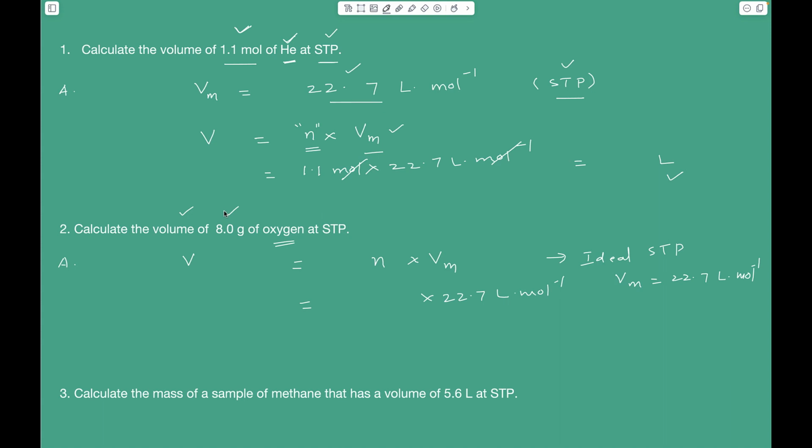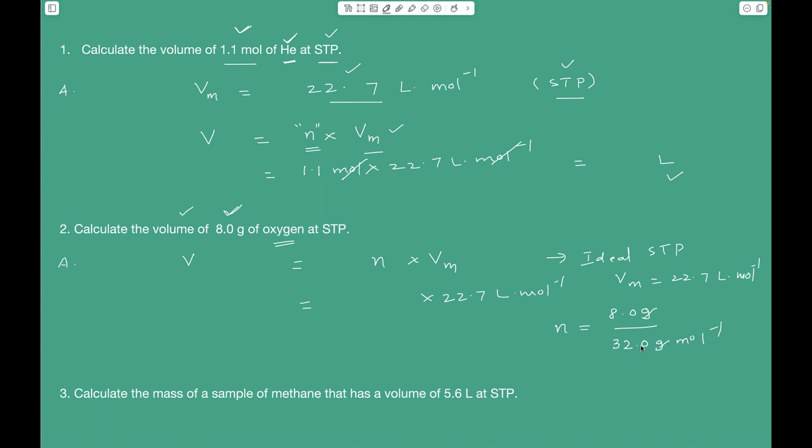But here we do not have the amount of substance. We are given the mass of oxygen. How do you calculate the amount of substance? You have to divide the given mass with its molar mass, right? And at STP, oxygen is composed of oxygen molecules, so its molar mass is 32.0 gram per mole. So this is the amount of substance, and if you don't want to use this unit, call it number of moles.